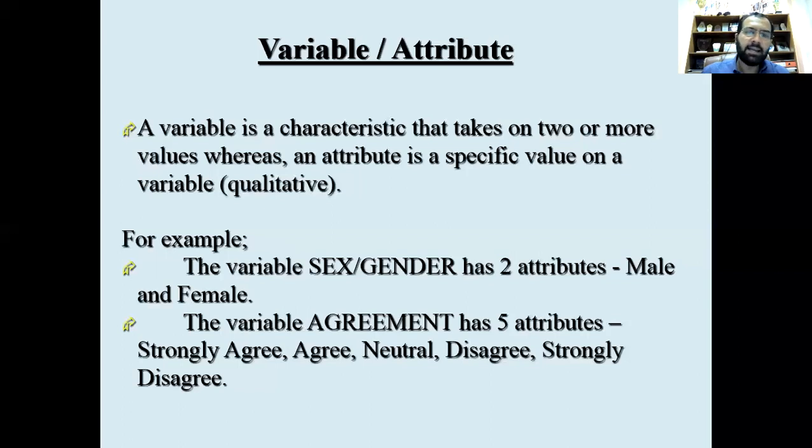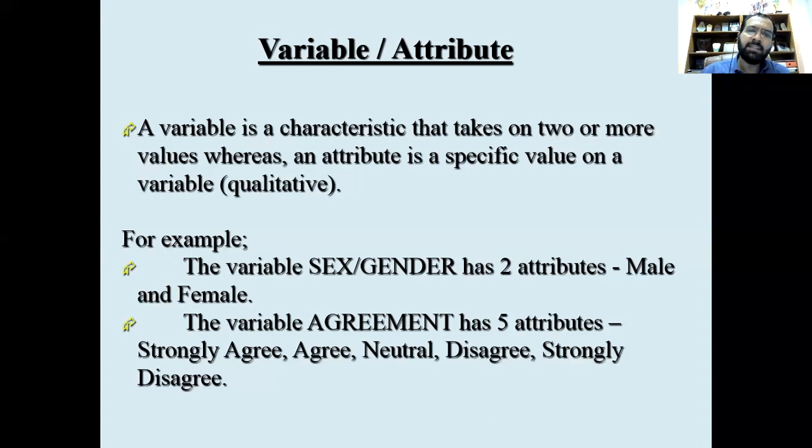A variable is a characteristic that takes on two or more values, whereas an attribute is a specific value on a variable. I just want to differentiate between the two, because out of those attributes, we actually pick the variables.